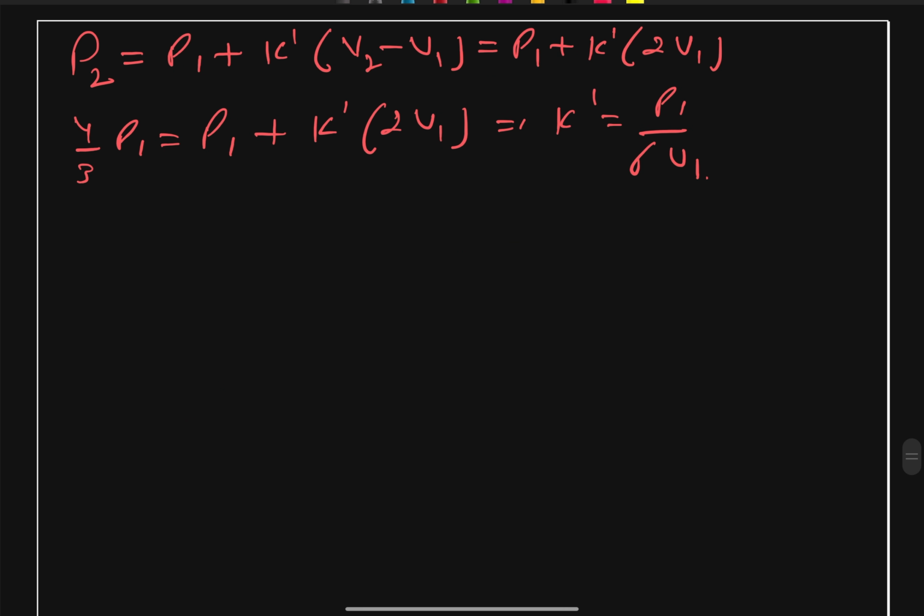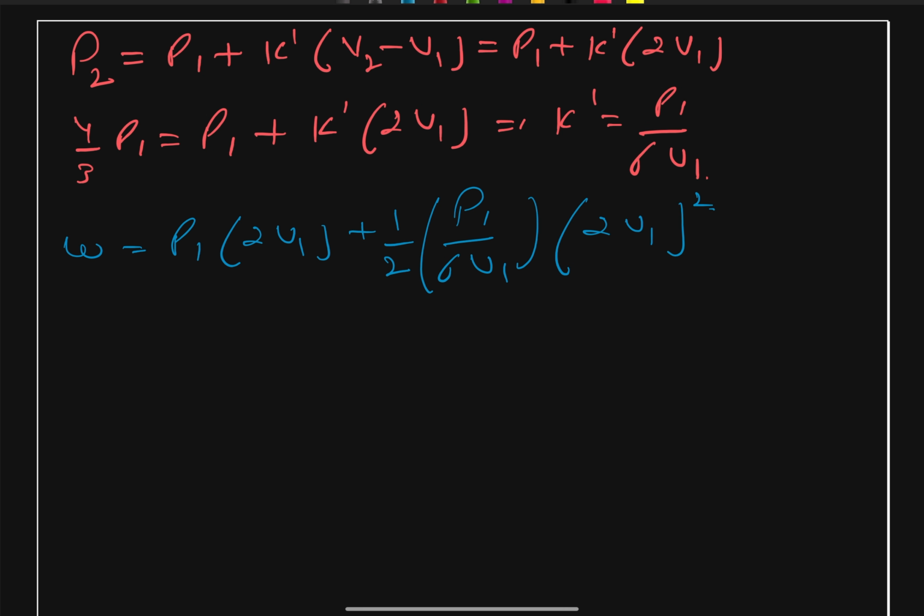So we get our work done will be equal to P1 twice V1 plus 1 by 2 times P1 upon 6 V1 times twice V1 whole square. Okay. And let me open the square, so this comes as 2 square and V1 square.